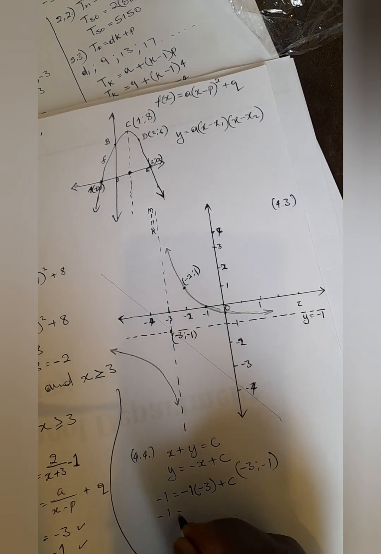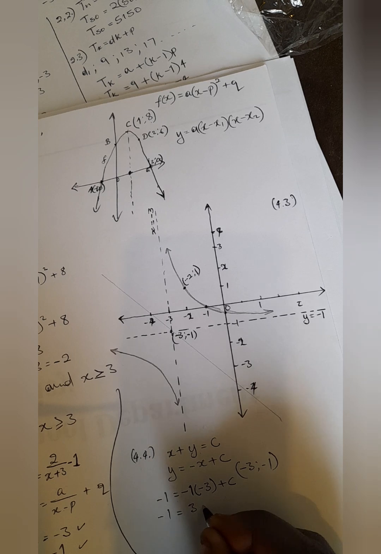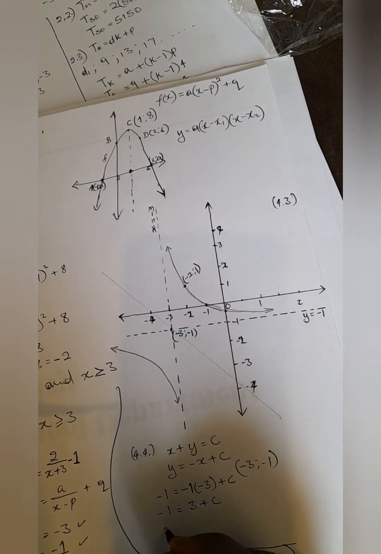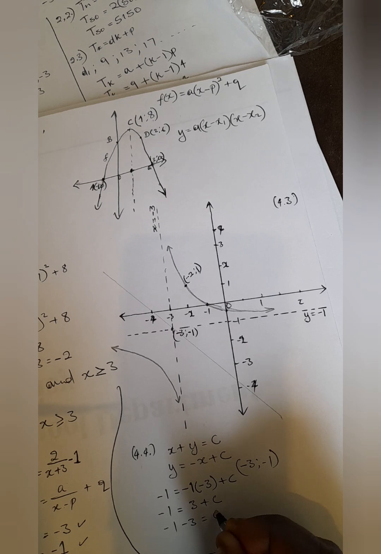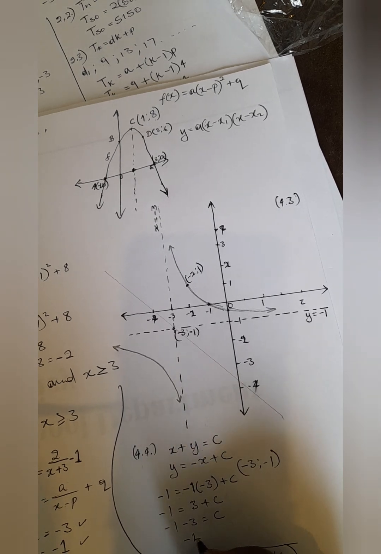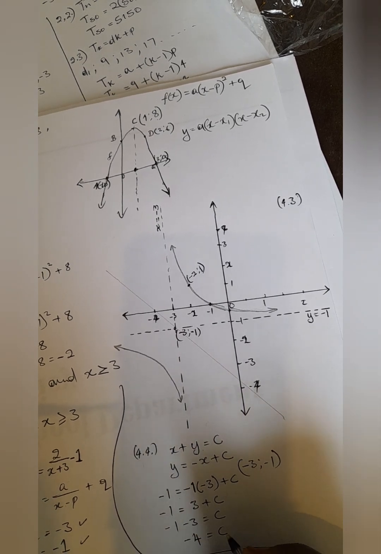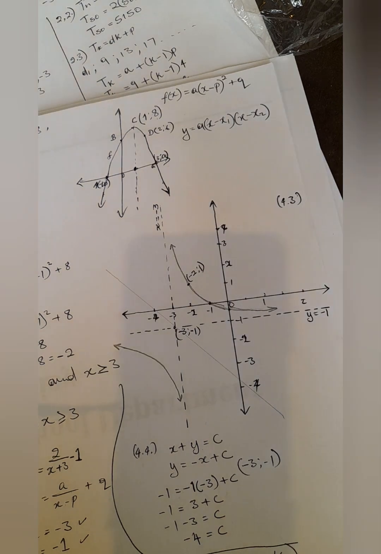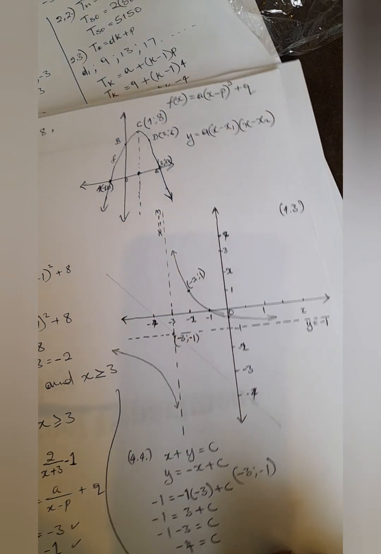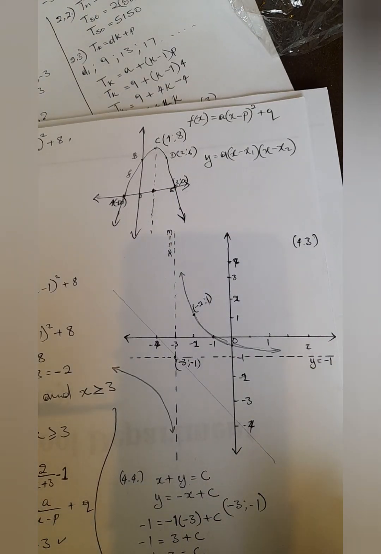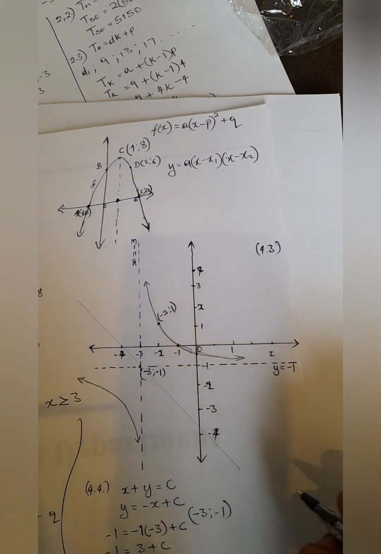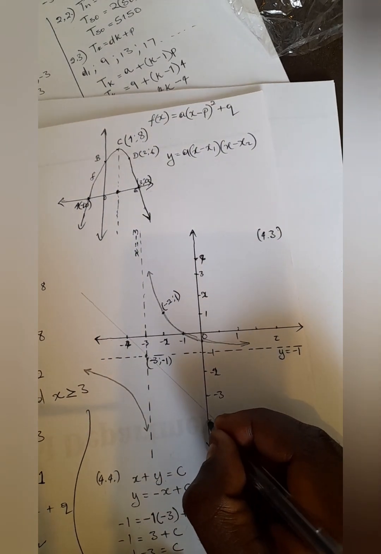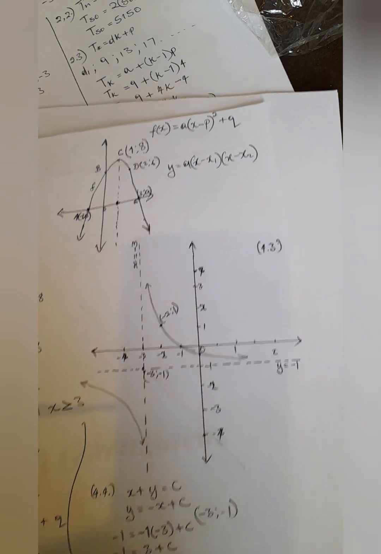So -1 equals +3 plus c. -1 minus 3 is our c. So -4 is our c. Right? Meaning if our x is 0, your y will be -4. So your line of symmetry passes through this point here.